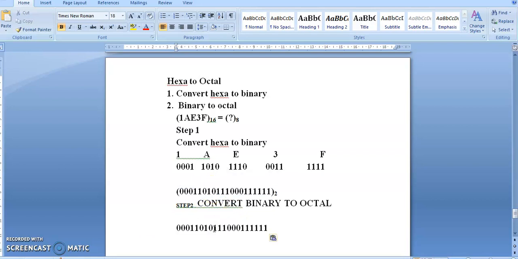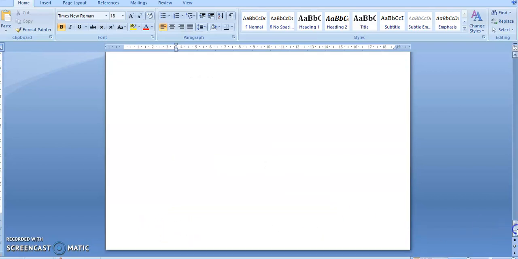The binary number can be partitioned into 3-digit groups from the right side to the left side. So partition 3 digits each. In case of any pending MSB bits, you can put 0.